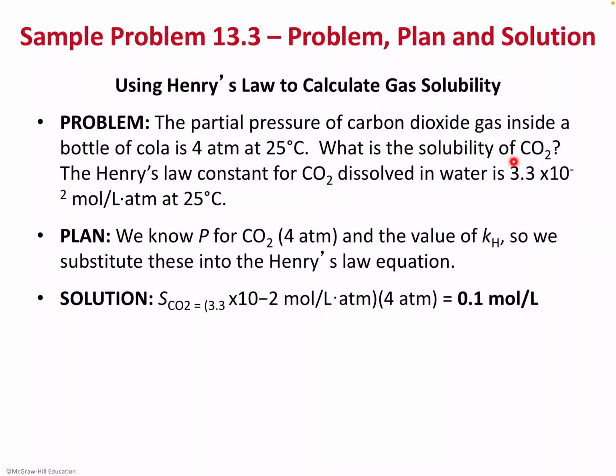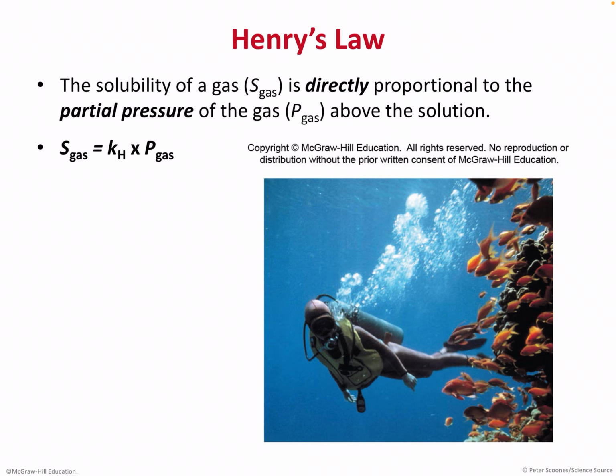What is the solubility of carbon dioxide? We are given the Henry's law constant, 3.3 times 10 to the negative 2, at 25 degrees, the same temperature, with units also given. So we can use this Henry's law constant and the partial pressure of carbon dioxide to find the solubility of carbon dioxide gas.